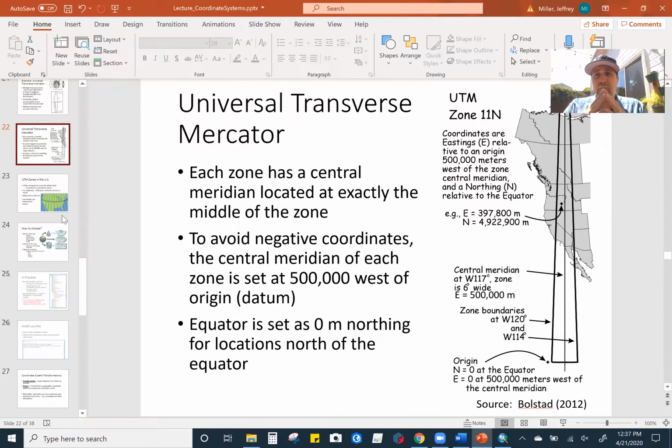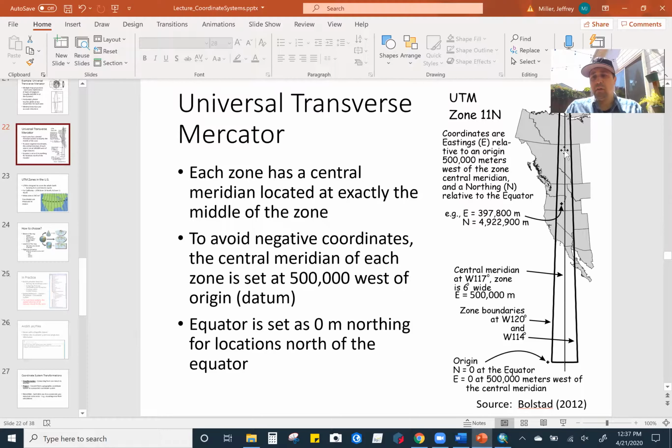So how it works is each zone, because there are these various zones throughout the world, is a 6 longitude degree slice. UTM is a world type of projection. And each zone has what's called a central meridian, located exactly in the middle of the zone. Here's an example of a UTM zone 11 north.